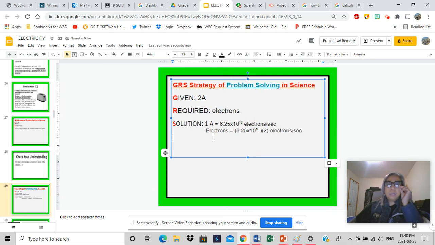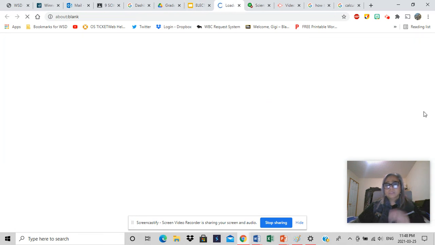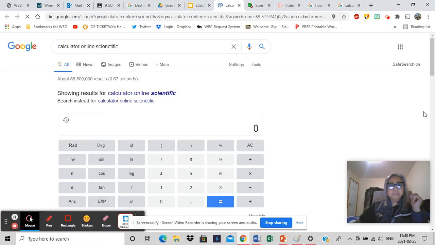So 6.25 times 10 to the power of 18 times 2. How would you solve this using your calculator? Now I have here somewhere, I think I have it here, an online calculator, right?